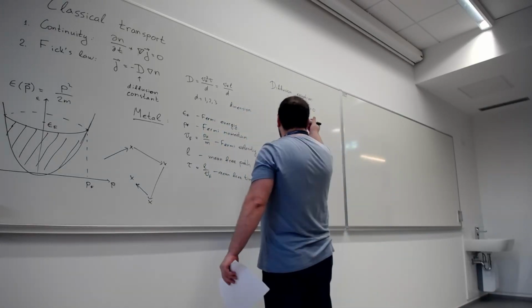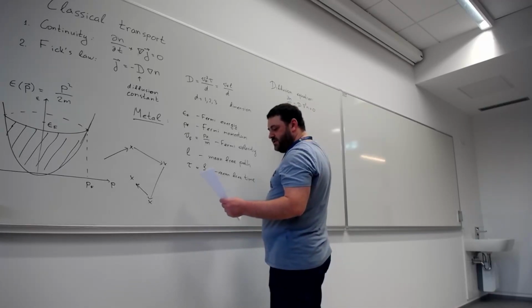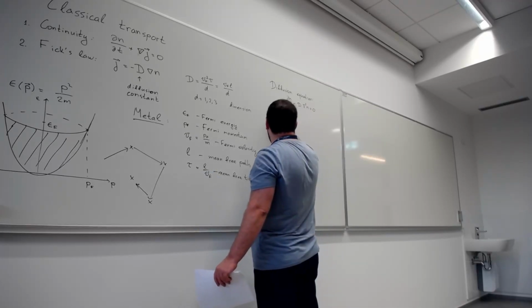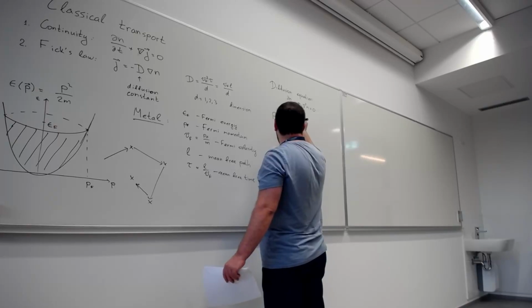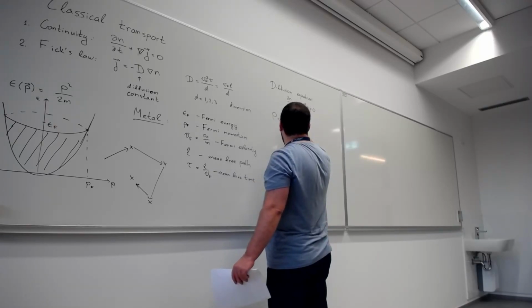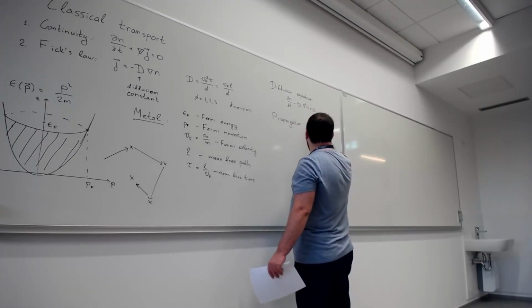The solution in the general form is done by considering the propagator of the diffusion equation. Propagator is a special solution. It's like this.